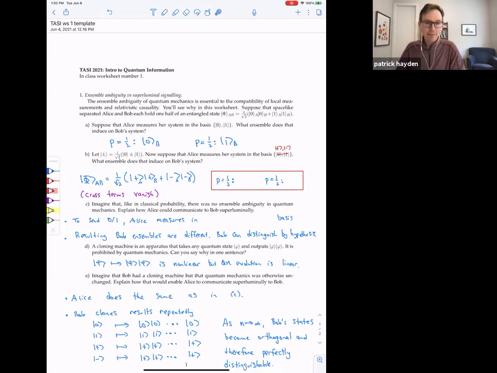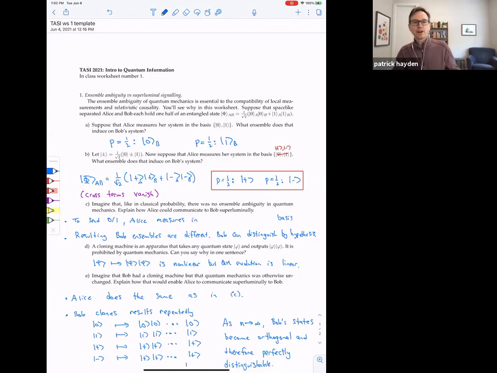You can just verify that by calculation. If you expand this out, then the cross terms will cancel and go away. So just by exactly the same argument as in part A, if Alice measures in the plus minus basis, Bob will end up in either the plus state or the minus state. So with probability a half, Bob gets plus, and with probability a half, Bob gets minus.